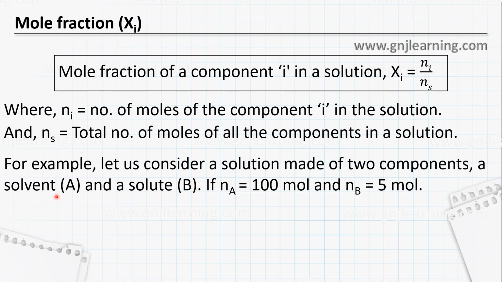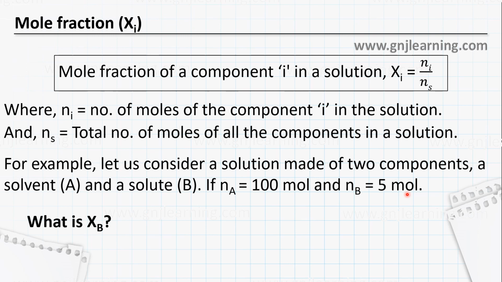If the number of moles of solvent A, that is Na, is equal to 100 mole, and Nb, the number of moles of solute B, is equal to 5 mole, then the solvent is 100 moles and the solute is 5 mole in that solution.